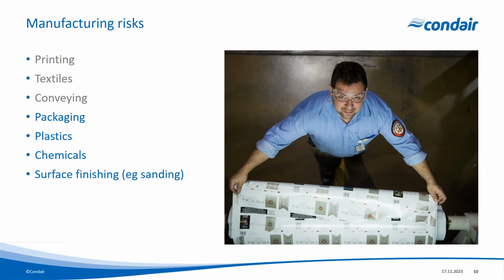Packaging, plastics and chemicals. Again, if we've got objects that are in contact and then separating, in contact and separating, then we have that potential for triboelectric charging. And a good example would be in a pharmaceutical application. If we're producing a tablet, let's say there are hundreds, if not thousands of tablets that are being dropped into a blister pack.